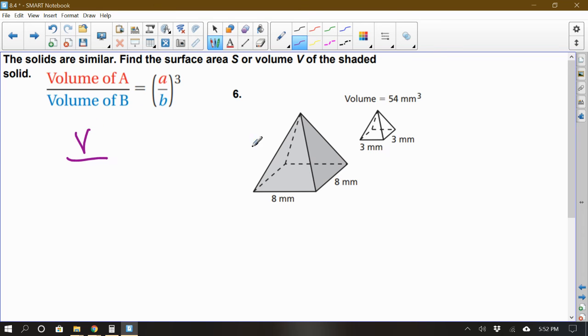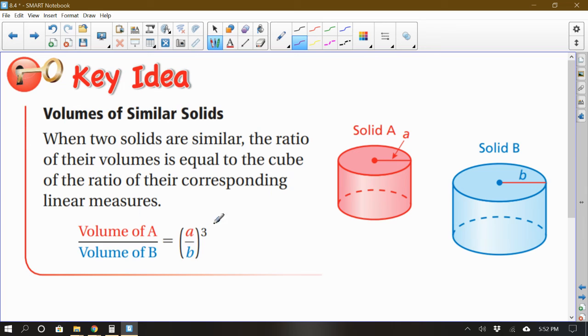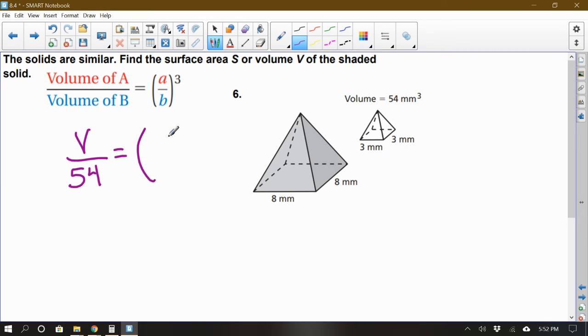The volume of our first one over the volume of the second one, so that was 54, is equal to the cube of the ratio of our corresponding linear measures. So this first shaded figure, because I'm putting the shaded figure on top of my ratio, is 8. And that corresponding side on the smaller one is a 3.